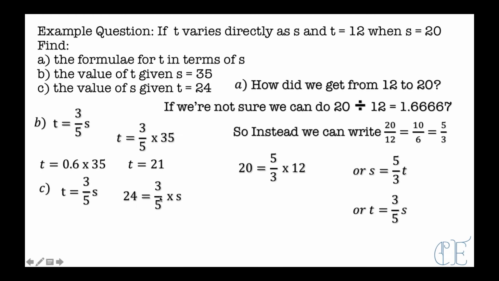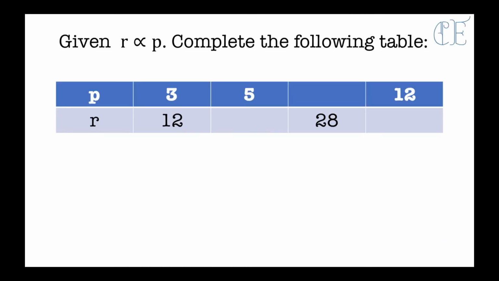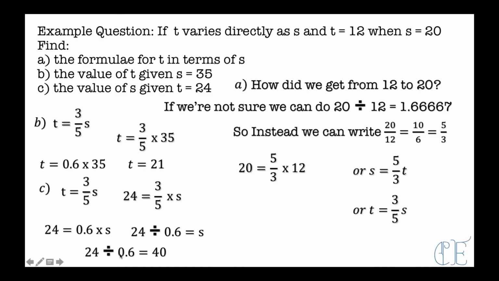So 24 equals 3/5 times S. Now again, I'm going to change that to 0.6 to make it easier. 3/5 is the same as 0.6. 24 equals 0.6 times S. Okay, so in order to get S on its own, we must divide by 0.6. 24 divided by 0.6 equals S. Oops, sorry. Okay, so 24 divided by 0.6 is 40. So S is 40. Sorry, I didn't write that very well.